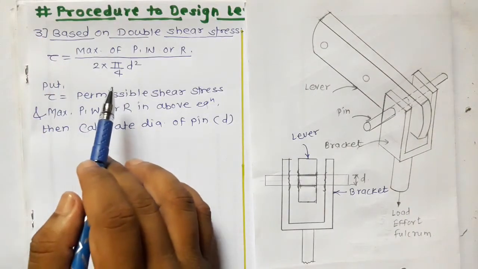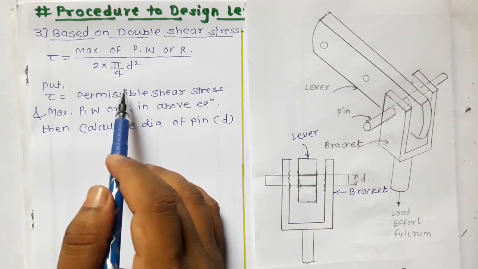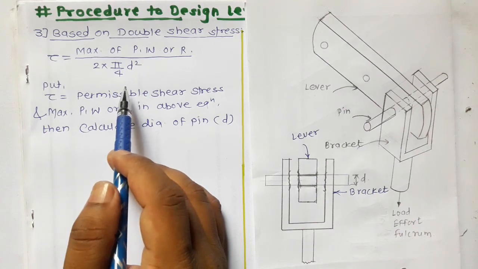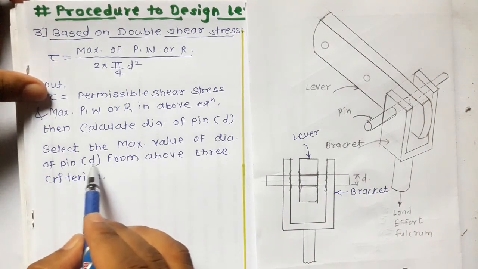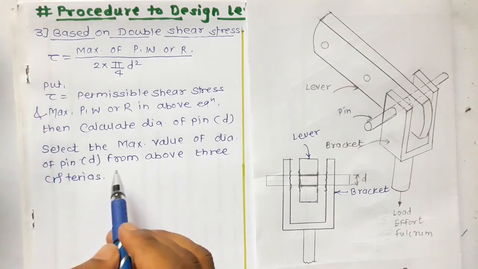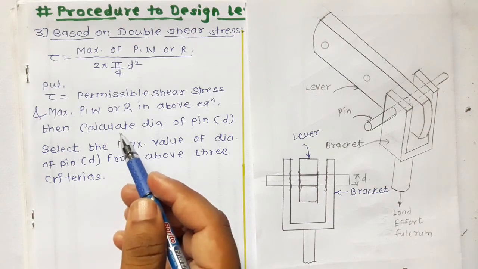Out of these three values of diameter of pin, we have to select the maximum value. So you need to write this sentence: select the maximum value of diameter of pin small d from above three criteria. The maximum value of diameter of pin will be used further for the design of lever.